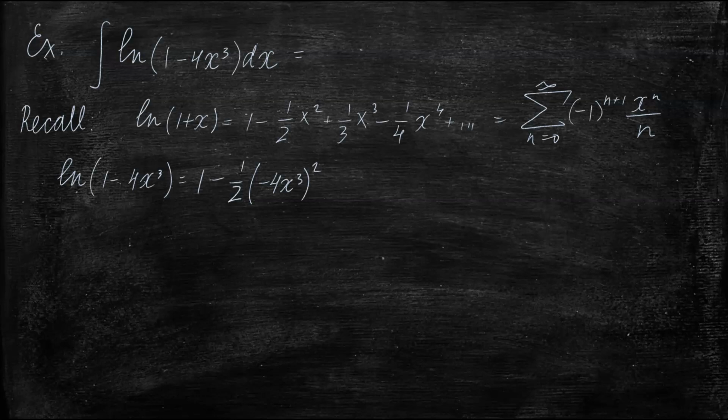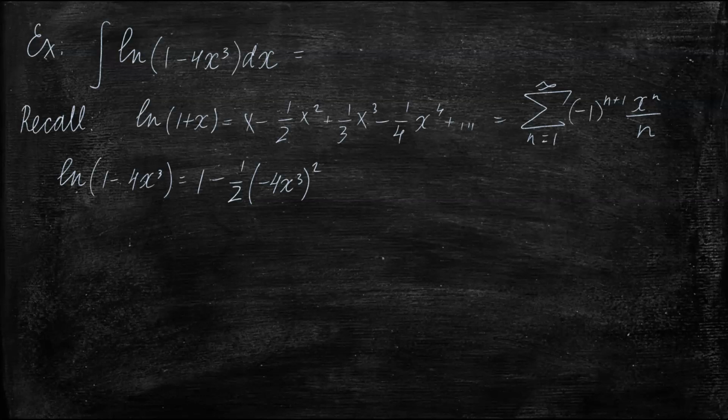Missing something here. This should be x, because when n is 0, then this should be 1 in that power series representation.